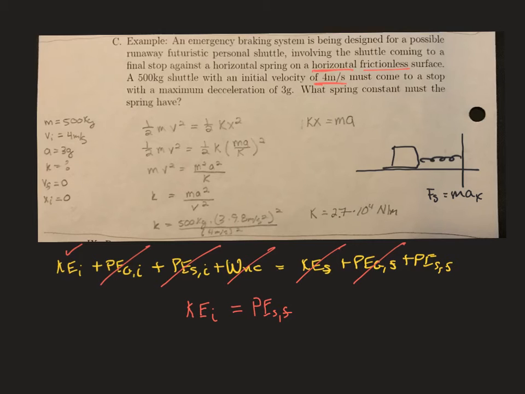Now, normally we run into an issue here because when we replace it with k times x, the more the spring is compressed, the more force it's going to apply to the cart. But all we're trying to do is find a spring constant where no matter how much we increase x, the acceleration never gets over a specific value.